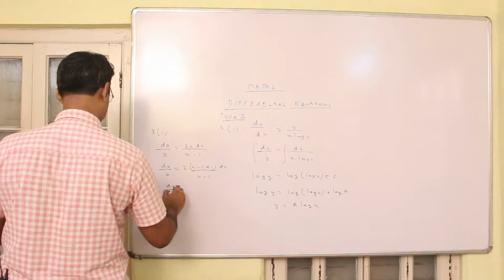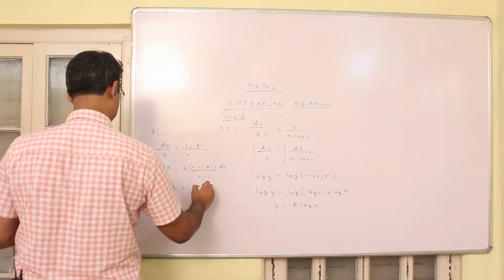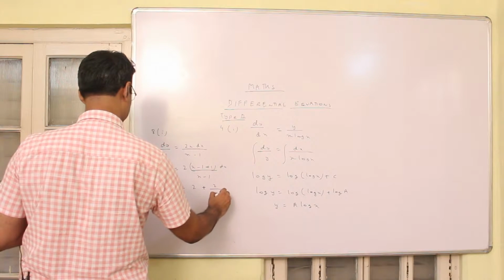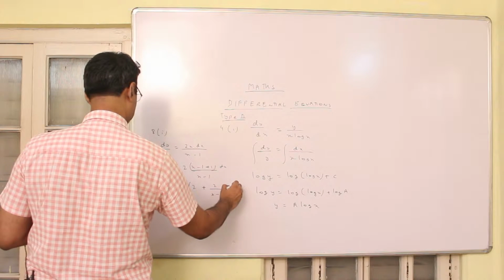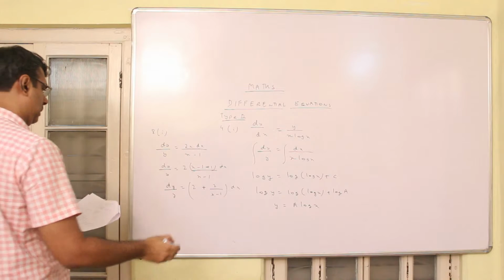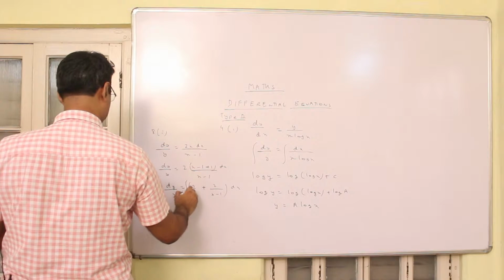So we are going to get dy by y is 2 plus 2 by x minus 1 dx. Now you integrate both sides.